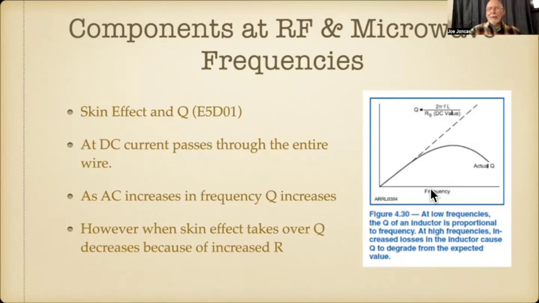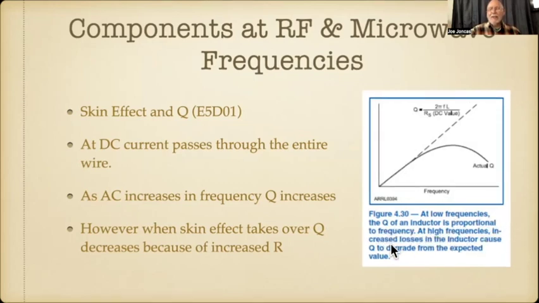At low frequencies, Q of an inductor is proportional to frequency. At high frequencies, increased losses in the inductor cause Q to degrade from the expected value. If it wasn't for skin effect, it would just keep rising like this. But because of skin effect, this is what actually happens. As you go up in frequency, Q starts dropping off.